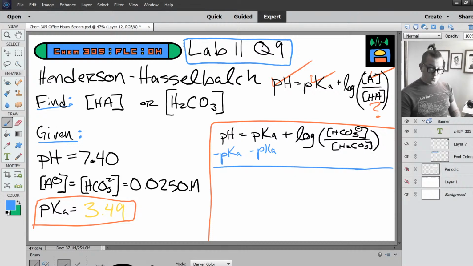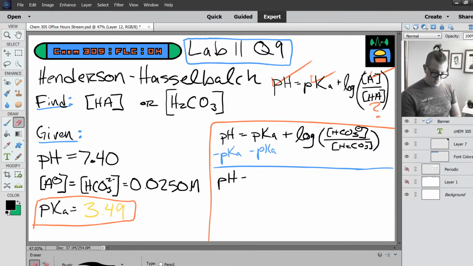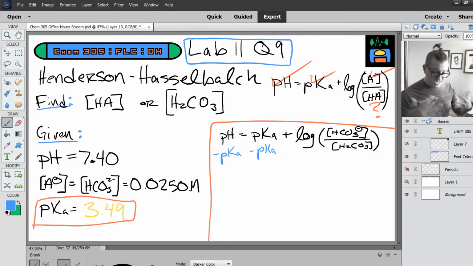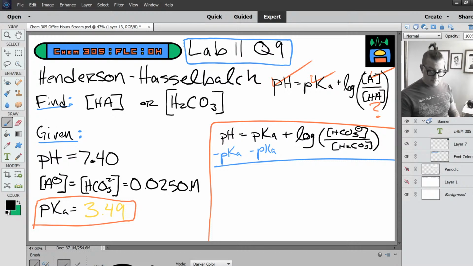When you subtract pKa from both sides of this equation, you get pH minus pKa equal to the log of the molarity of bicarbonate over the molarity of carbonic acid. I'm so glad you brought it up because it gives everybody an opportunity to get on the same page.